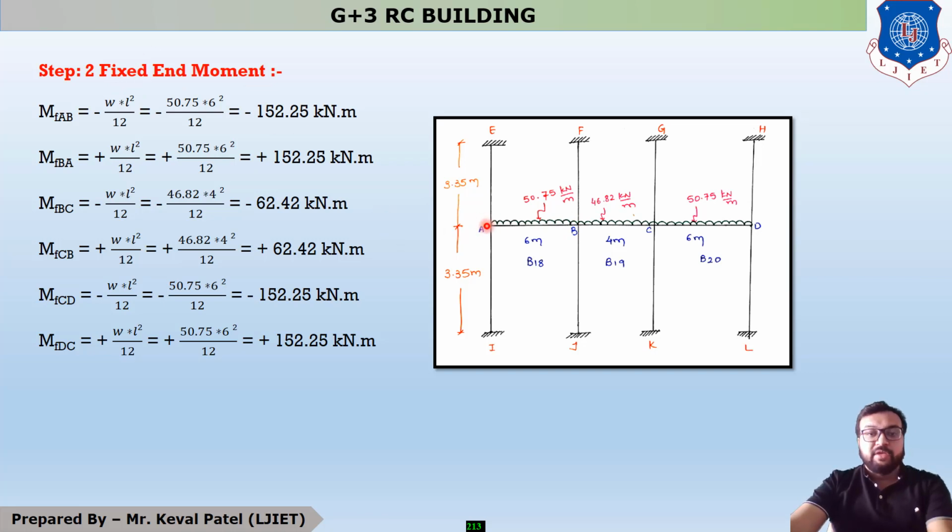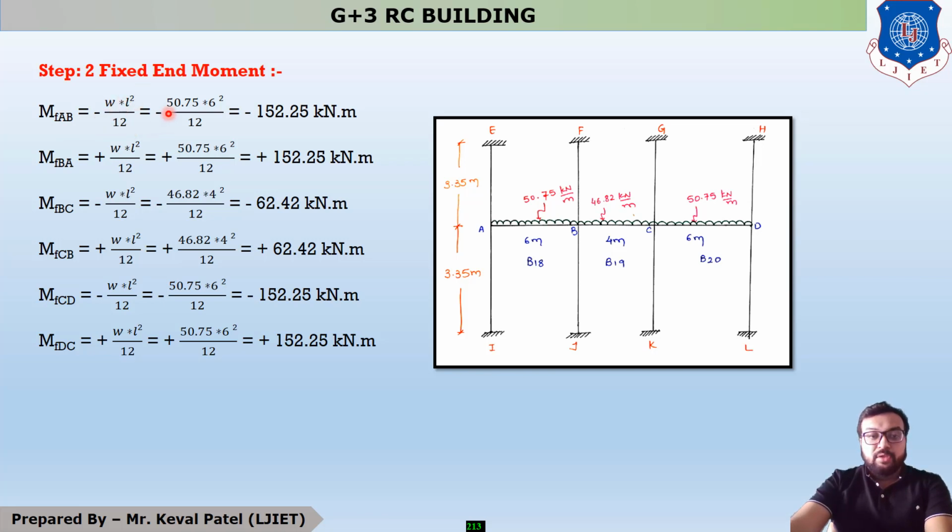Now whenever you move from left to right, your moment is negative because it is like this. This sign is anti-clockwise and this sign is clockwise. So left to right is anti-clockwise and right to left is clockwise. So your equation MFAB is minus WL square by 12.